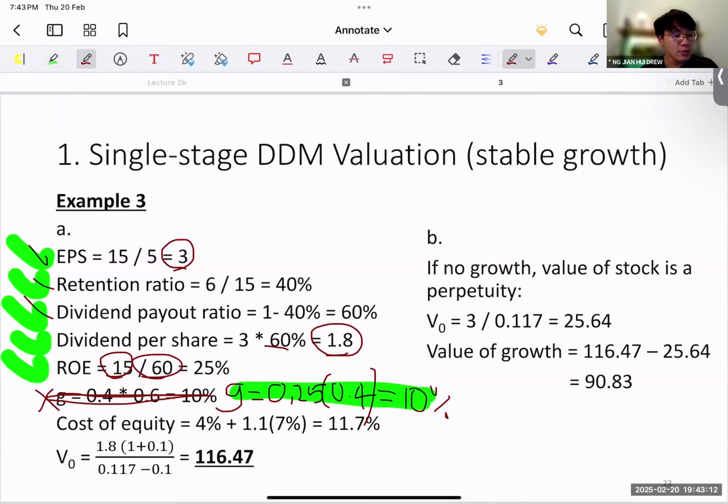We use the CAPM model to calculate cost of equity, since we are given the beta, and then we can simply calculate the value of the firm using growing perpetuity. Taking note that the dividend that is given to you of 1.8 is your D naught, so you need to multiply it by 1 plus G.